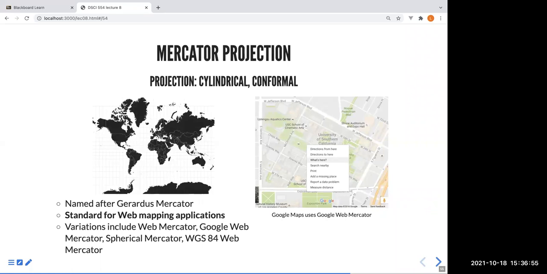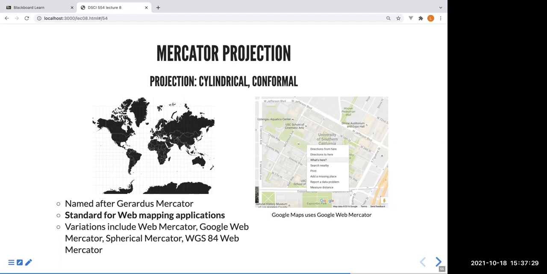The last one, the Mercator, and I think that this one is kind of the most important. Mercator is the person who put it together. You need to know that it's cylindrical and conformal. So again, it's good for the fact that you can recognize the areas, but you're distorting sizes.